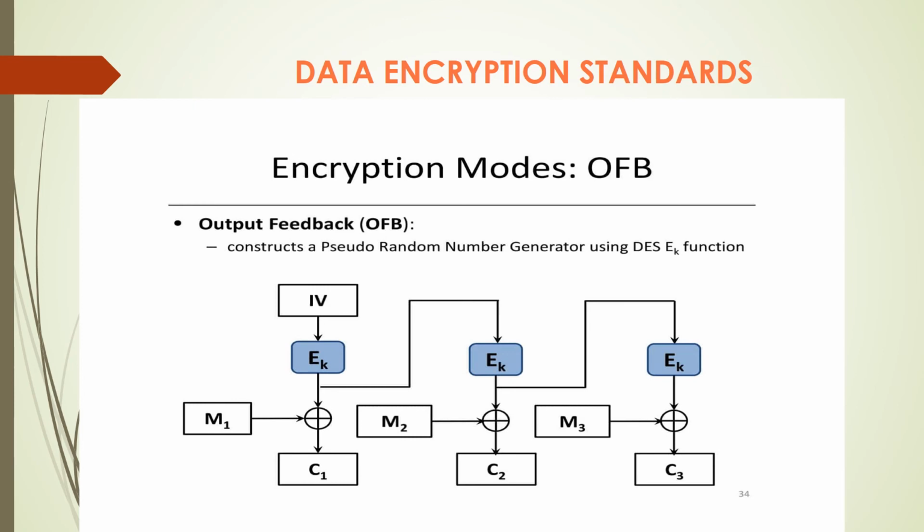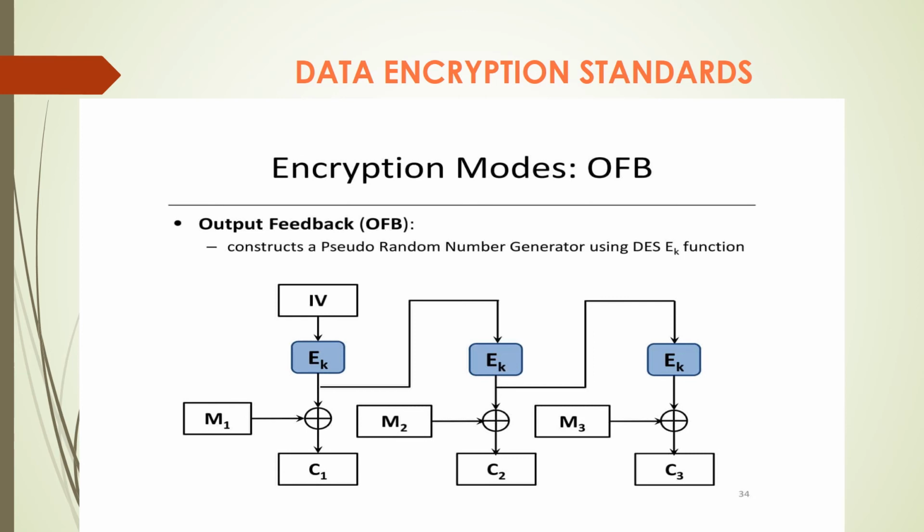Now coming to the second block, here the input will be the output from the encryption algorithm. That means it has no plain text. So for the second block of encryption, here also we have to use the key.